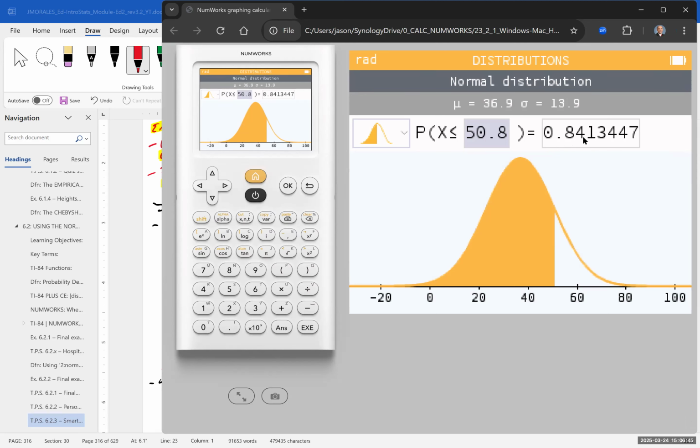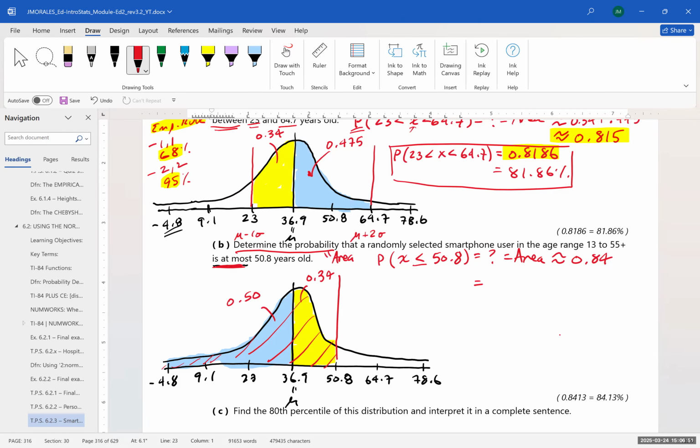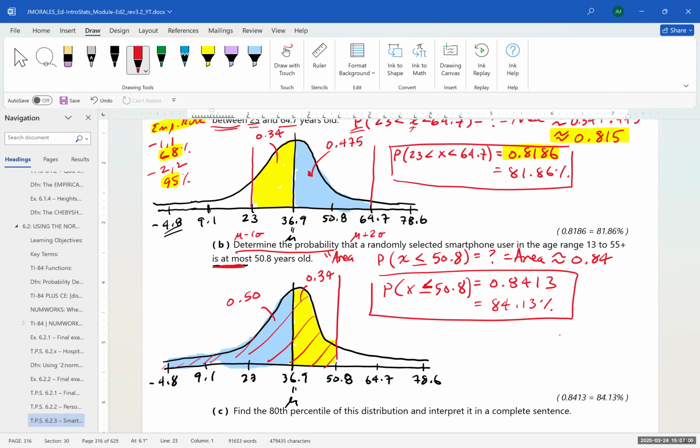And it's 0.8413. So that comes out to 0.8413, and that's 84.13%. Does that match our expectation of being close to 0.84? Yeah, it does. So that looks right.